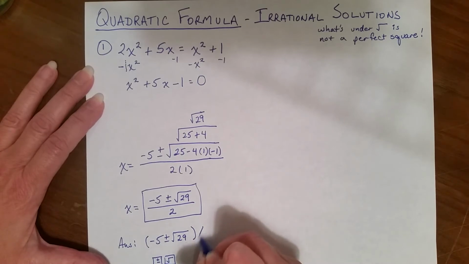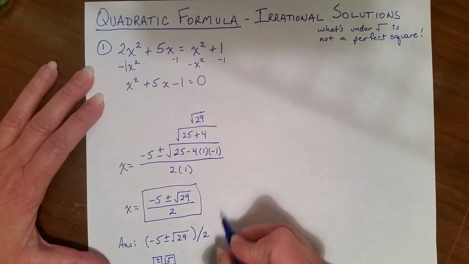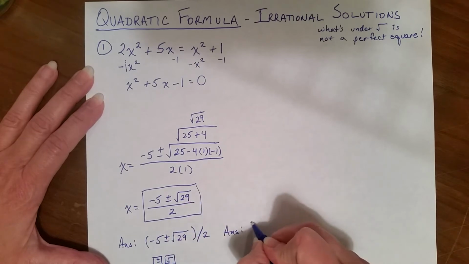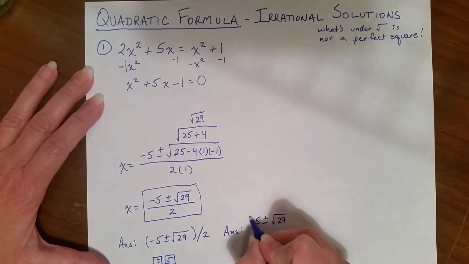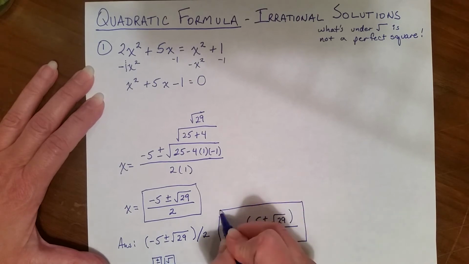Then hit the divide key, and then you'll divide by 2. So your answer in the box should look like this: negative 5 plus or minus the square root of 29, and it'll probably keep the parentheses there, all divided by 2. And that is our answer.